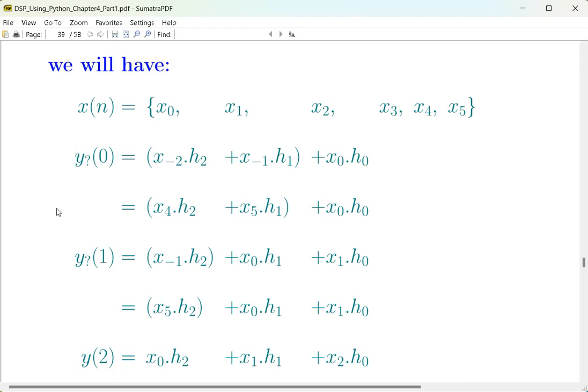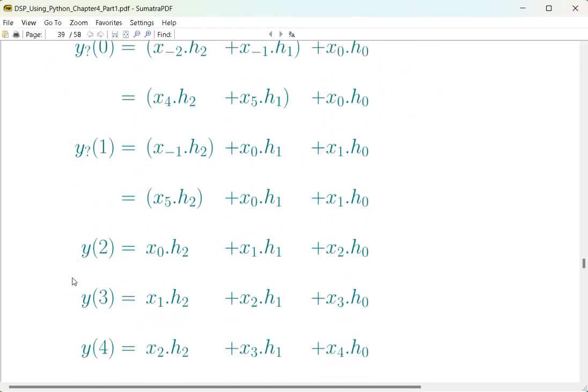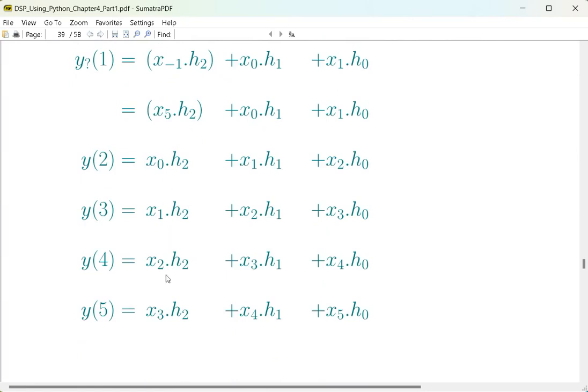For the overlap and save method, there is no solution. Now, y of 2 is okay. It needs x0 times h2, x1 h1, x2 h0. Everything okay. y3, again, you see here how the index is increased for input. The same story here. y4 okay, y5 okay for this method.